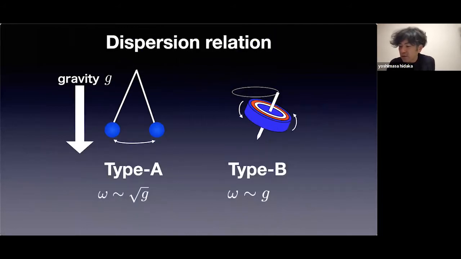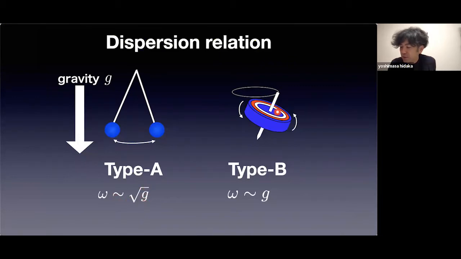The dispersion relation is also understood as follows. In the classical case, because of gravity, there is acceleration. In the case of the harmonic oscillator, the frequency is proportional to the square root of g.